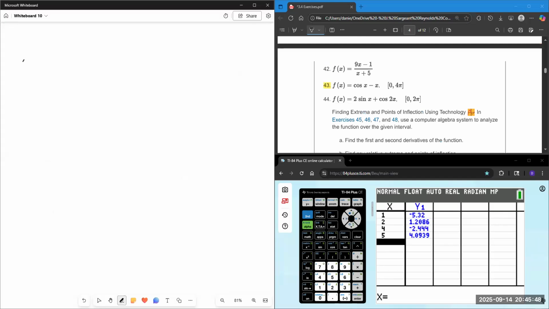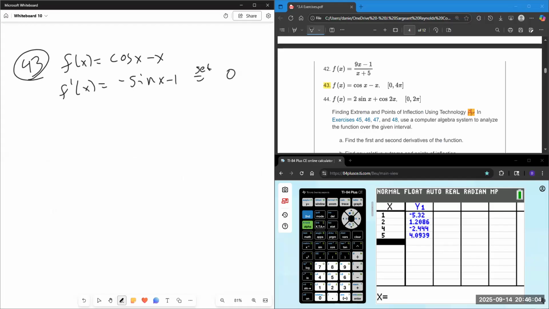So number 43. F of x is equal to cosine x minus x. F prime of x is equal to a negative sine x minus 1. Set that equal to 0. Negative sine x is equal to 1, and sine x is equal to a -1.